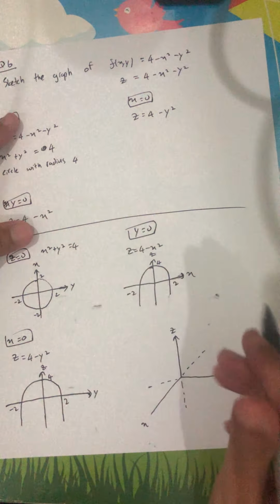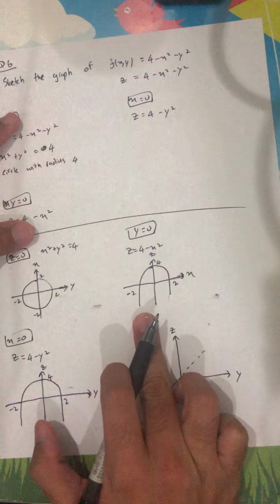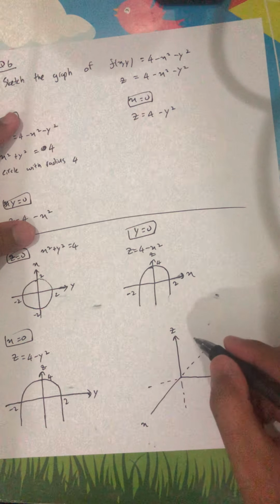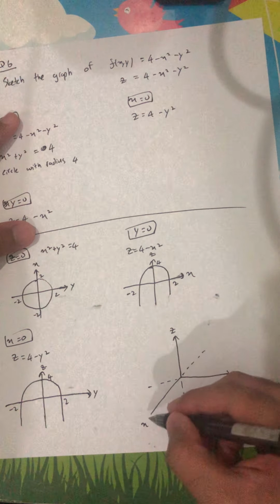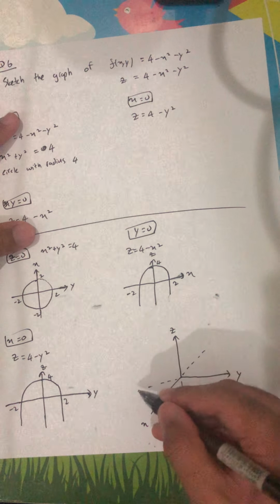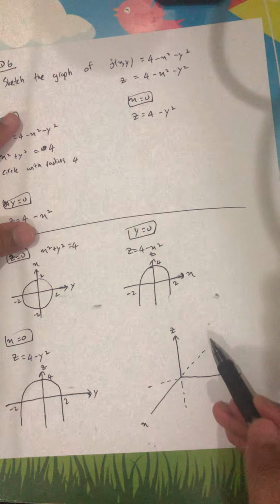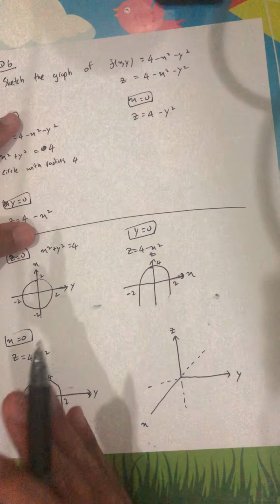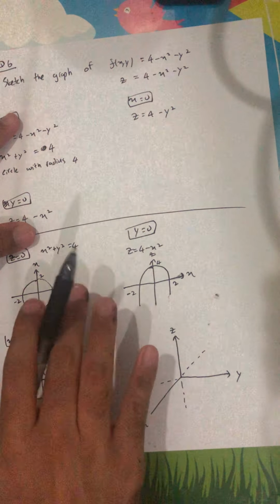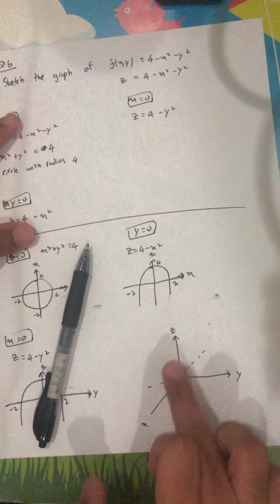We'll look at this one first. This is on the ZX plane, so you just focus on the Z and X plane, from here to this. Don't care about the Y plane. You need to imagine it to be two-dimensional, from the ZX plane.